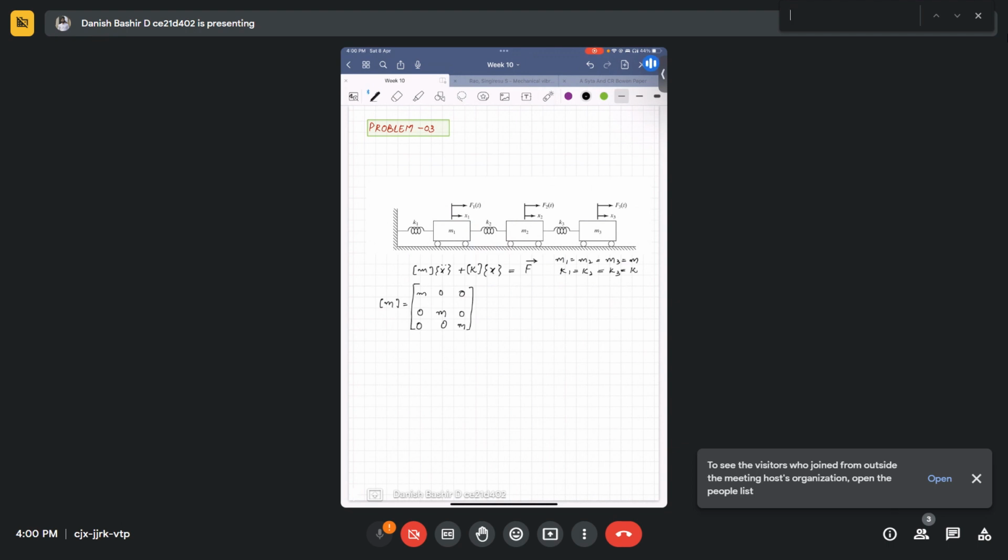These are the assumptions we have to make. So again, we have here the mass matrix. This one, the stiffness matrix will be K.